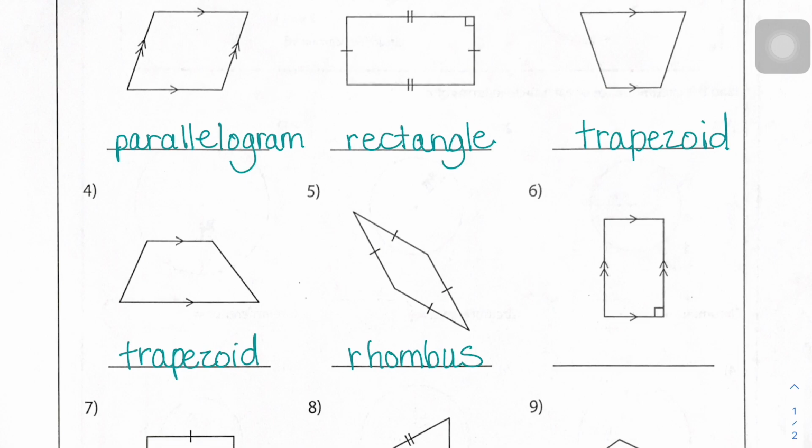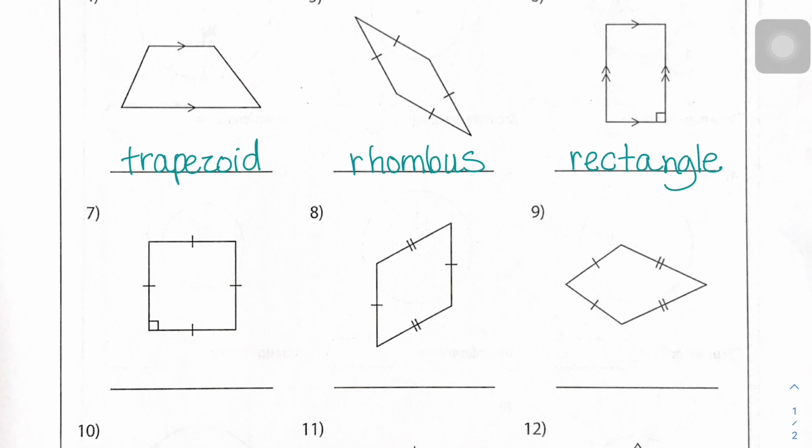Okay, so this one means opposite sides are the same length and are parallel, and 4 right angles. So that is a rectangle. 4 equal side lengths at right angles. That might be the easiest one we do. Okay, this one, I got 2 long sides and 2 short sides.